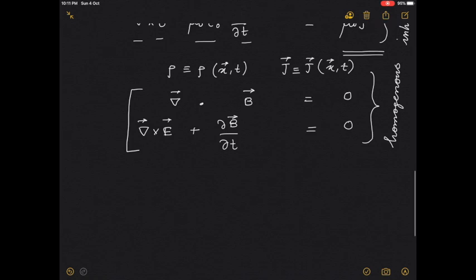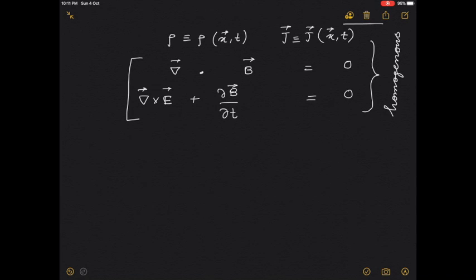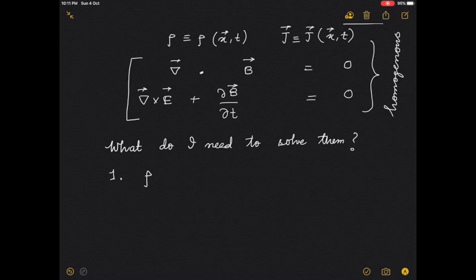Now once it has this structure, then what do I need to solve them? So I need two things. One is rho as a function of x and t, and J as a function of x and t.